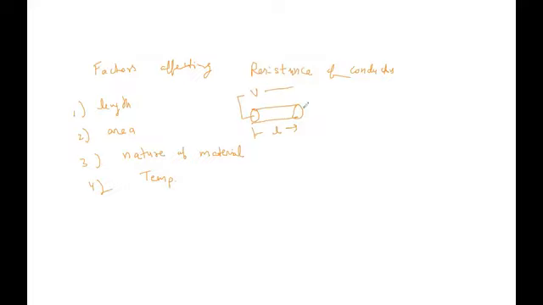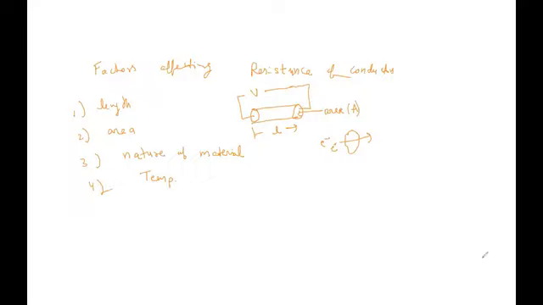So along which we are providing a potential difference, that we will consider as the length. And the cross section area is the area through which electrons are flowing. Are you getting this? Okay. And third is nature of material, and fourth is temperature.